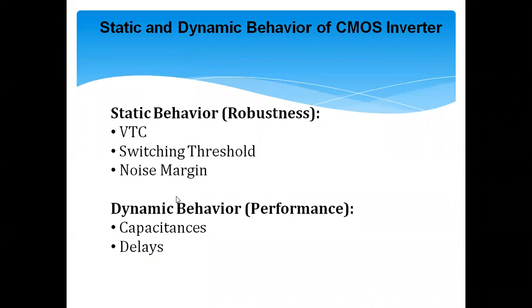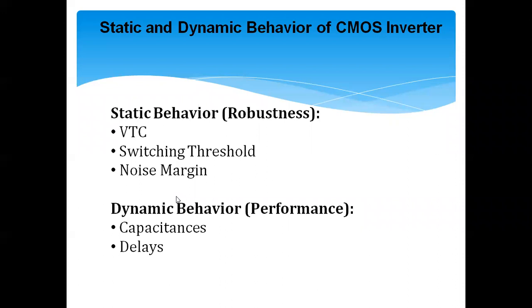Next point of this unit is the static and dynamic behavior of CMOS transistor. Now, what is the static behavior? This static behavior is nothing but the calculation of robustness of the CMOS inverter.